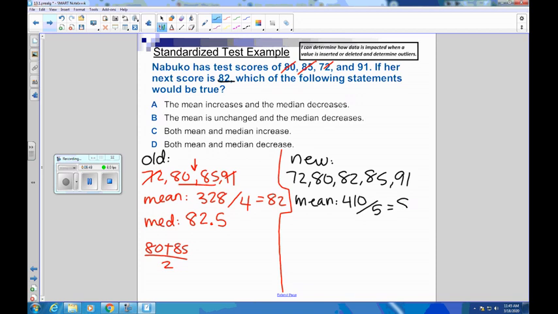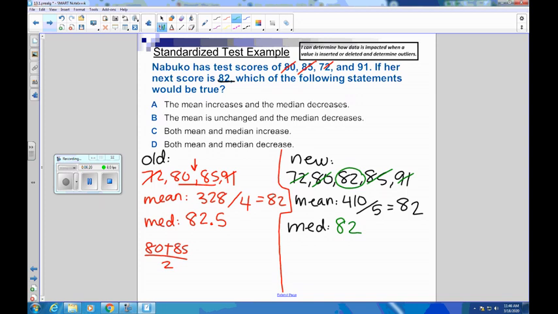So my mean, my average, is 82. Then for the median, I'm going to cross out from both sides to find my middle point, and I'm left with 82 right in the middle. We didn't have to add or divide for this median because there was a point right in the middle. The previous example we did, we had to find what was in between those two numbers that were both in the middle. So now we have to figure out which one of these are true.